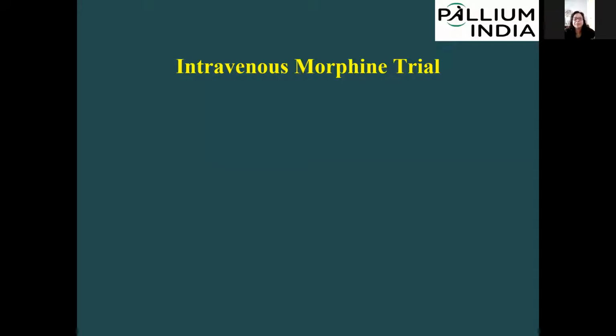It can be given according to the pain, 6 hourly or 4 hourly, and we have to look for any respiratory depression. Okay, thank you, Jaya. You have given a glimpse of what will happen in a morphine trial.